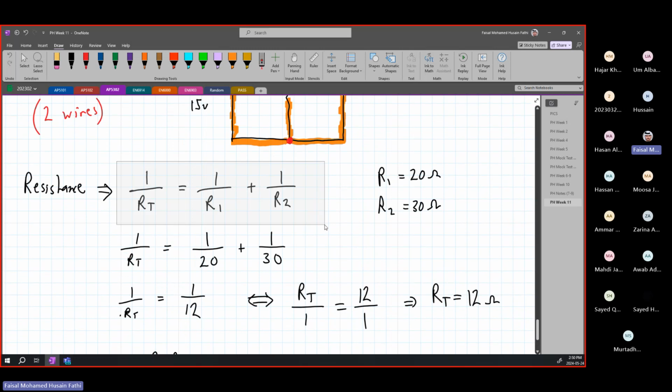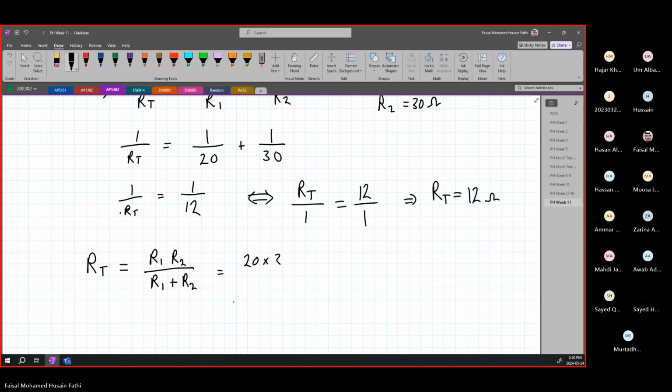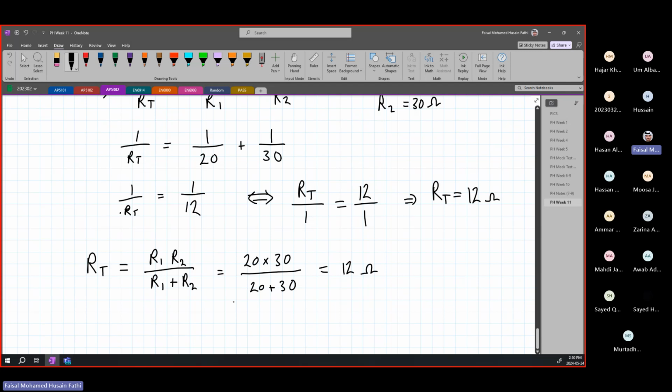This is just a simplification of this form so that RT is directly found. So in other words, you could say that this is equal to 20 times 30 over 20 plus 30. And it is going to also give you 12 ohms when you put it into the calculator. All right. Again, this is in the case of only two resistors.